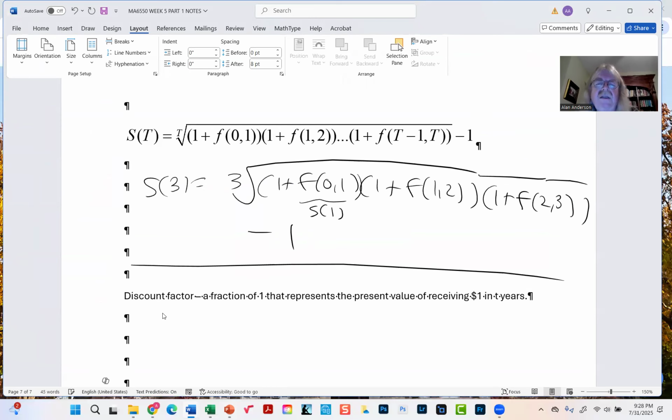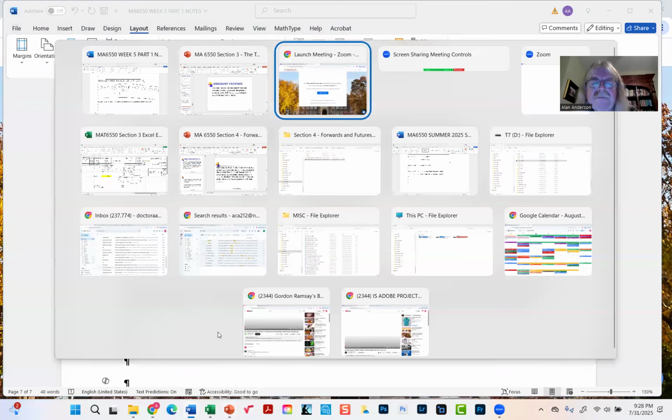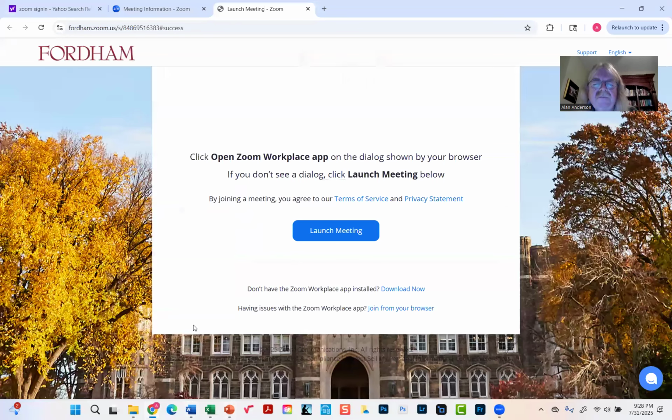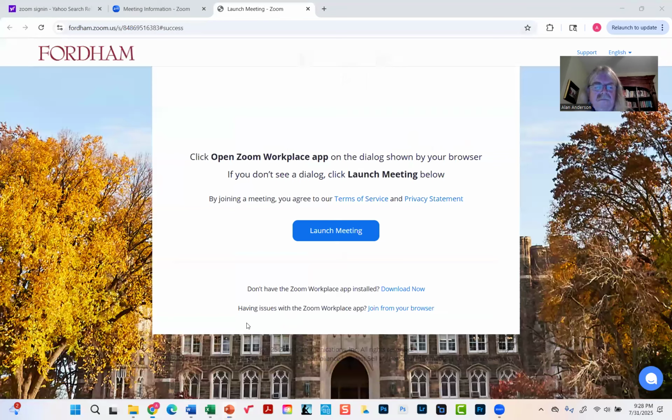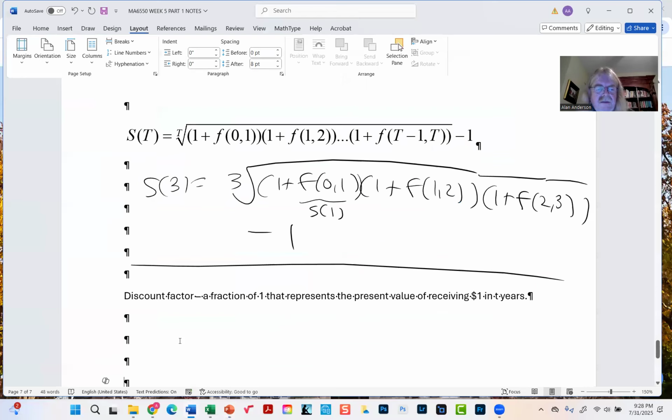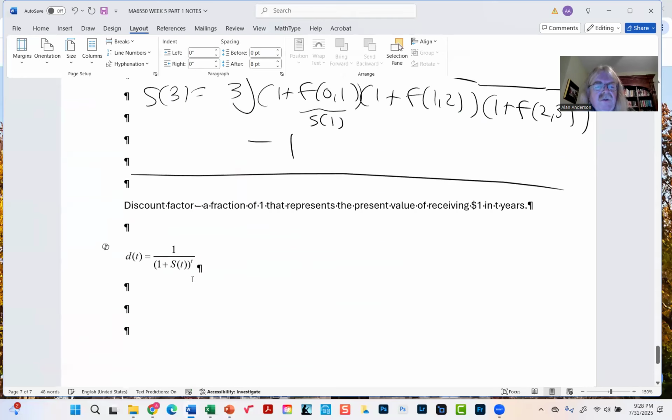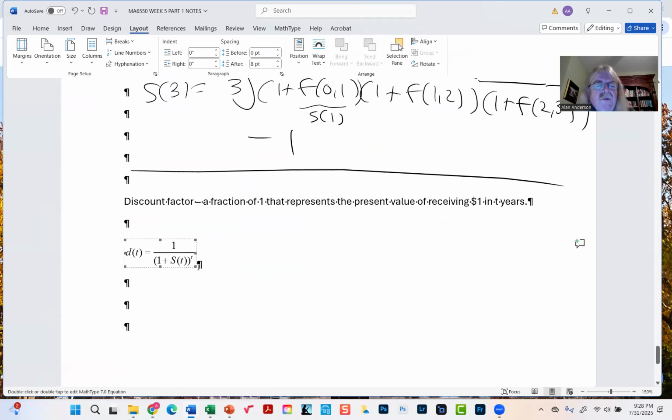So what does that mean? Let's find out. So the formula looks like this. All right, so we'll start with our first example, S1, which you remember is 5%.